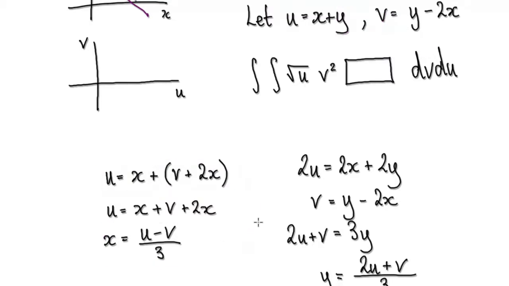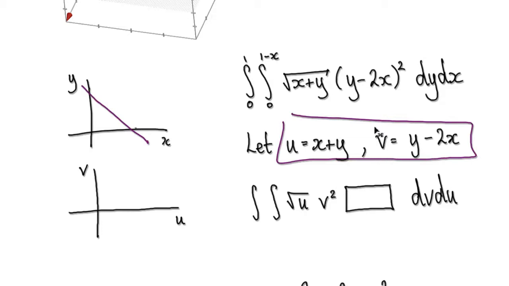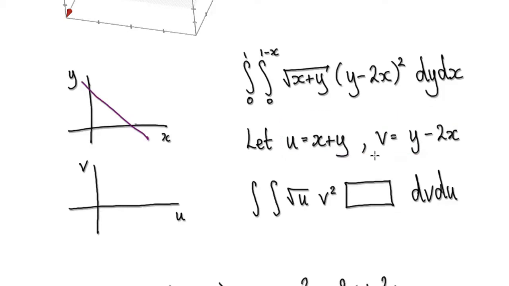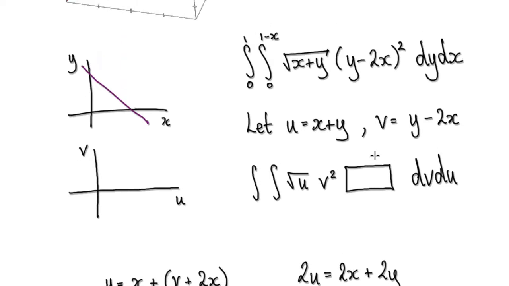So now let's do the same for y. Going back to our transformation, let's eliminate the x. So looking at this, eliminate the x. So times everything by 2. So 2u equals 2x plus 2y.